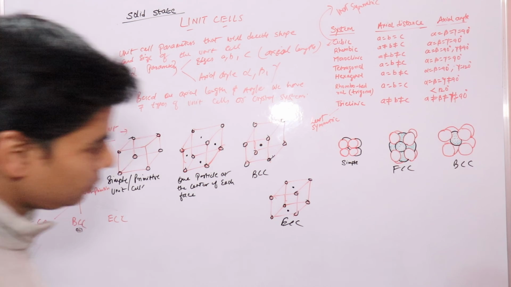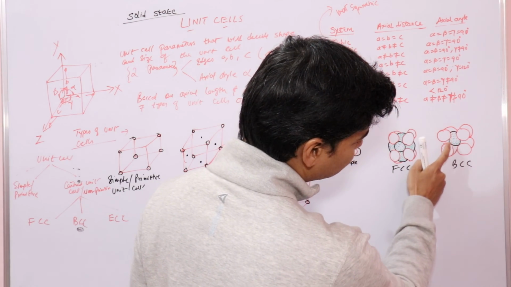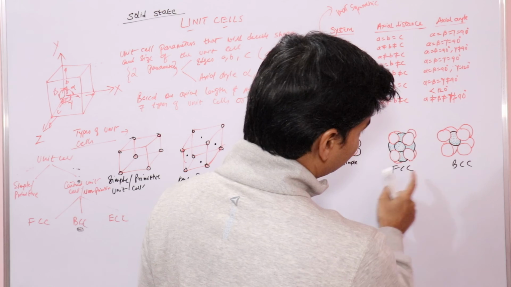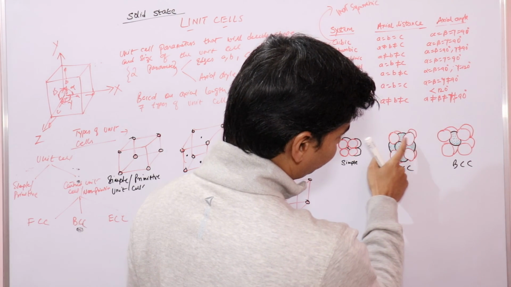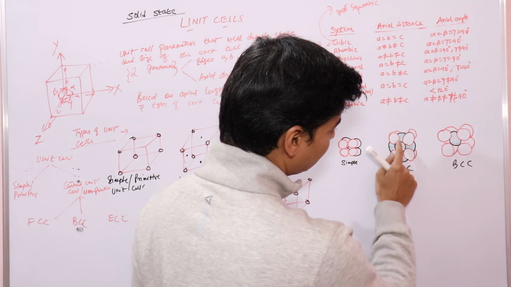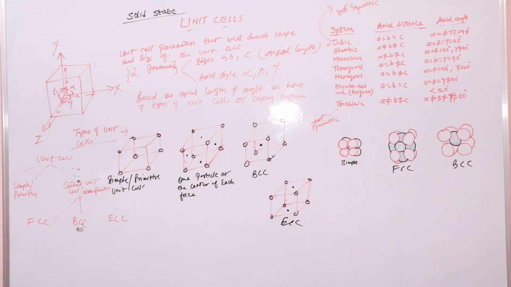So this sphere is touching 3 spheres. Similarly, any sphere at the corner is touching 3 spheres which are at the center of the faces.